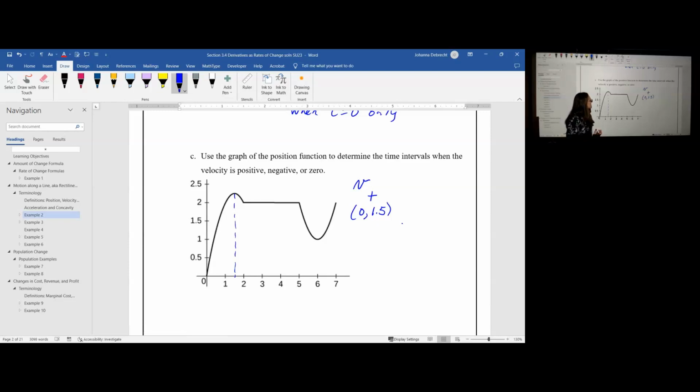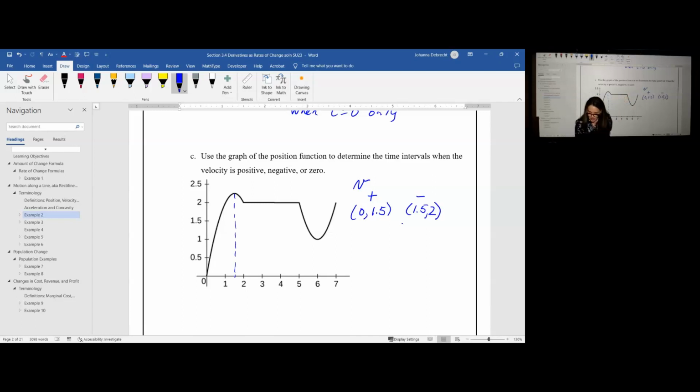When we look at another region, the next one over, notice that the tangent line is sloped negatively. So between 1.5 and 2, it has negative velocity. At 2, the vehicle stops.